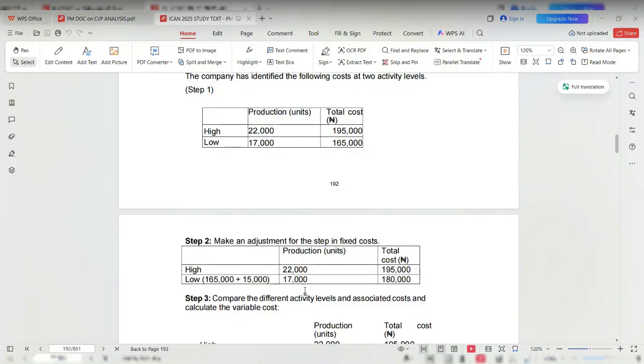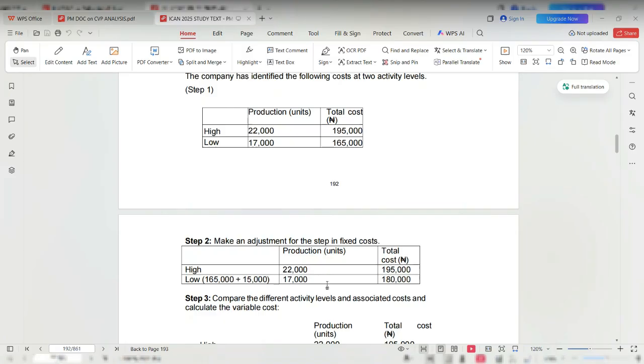So let's say our high is 22,000 for production, and then our cost is what? 195,000. Why the low?